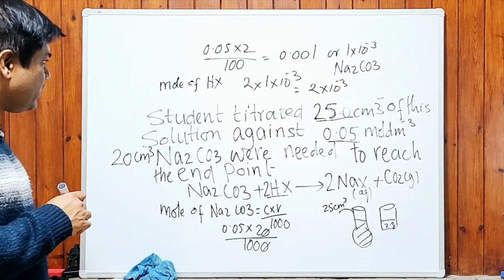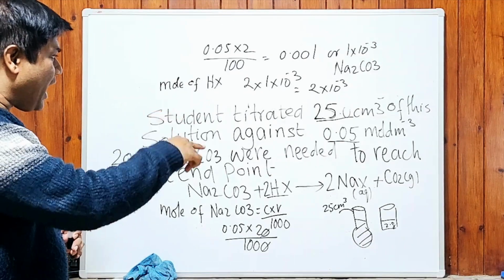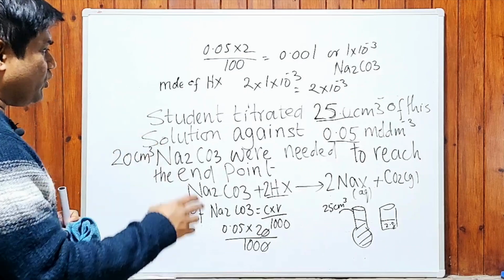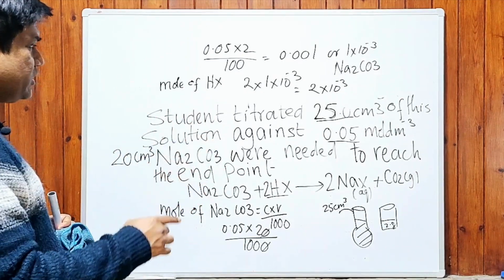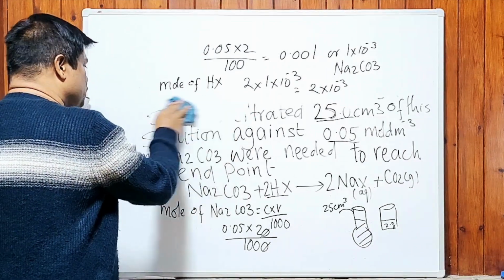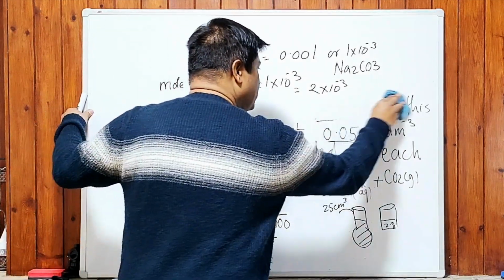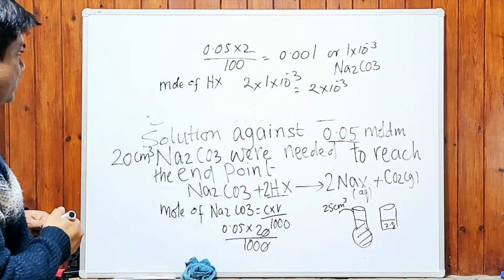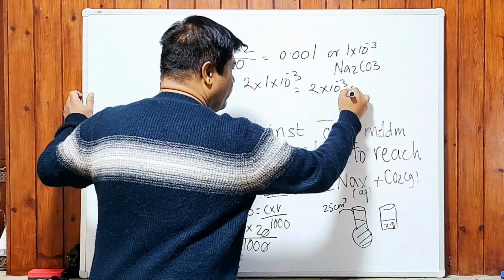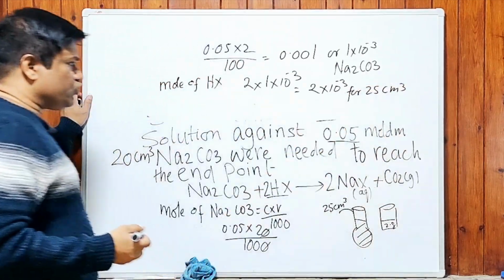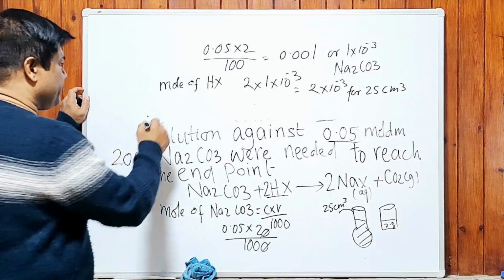Can we work out the mole of the acid for 250? Yes, we can work out the mole of the acid for the total volume that the student made, which is 250 centimeter cube. That was the mole for 25 centimeter cube, and we have to work out for 250, so you have to times by 10.